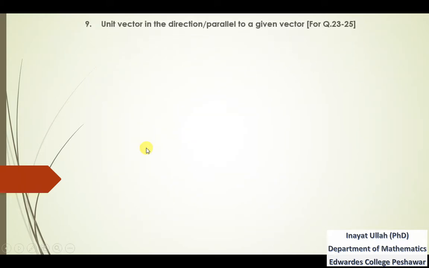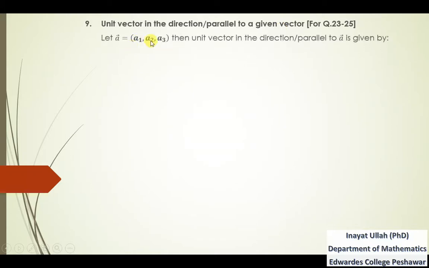Now in this slide, how could we find a unit vector? Unit vector, remember that. How could we find a unit vector in the direction of a given vector or parallel to a given vector?